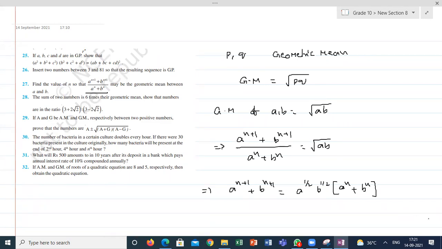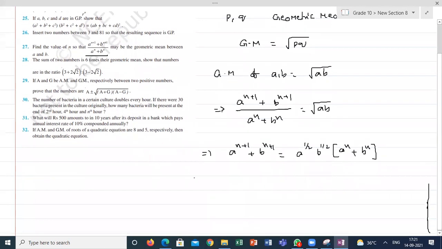So if I am multiplying each term, how will I get it? A power n plus 1 plus b power n plus 1 is equal to, after multiplying, a into a power 1 by 2 into a power n into b power 1 by 2 plus b power n into b power 1 by 2 into a power 1 by 2. This is how I got it.